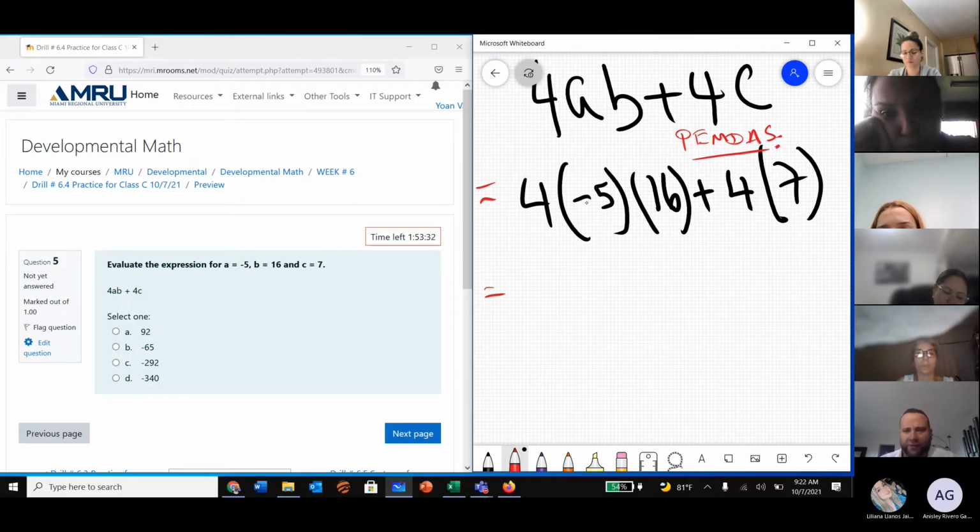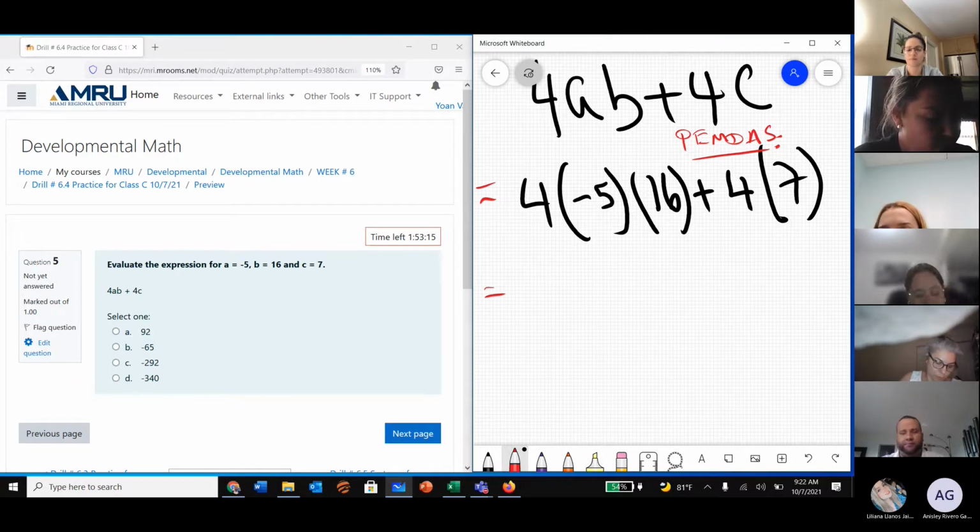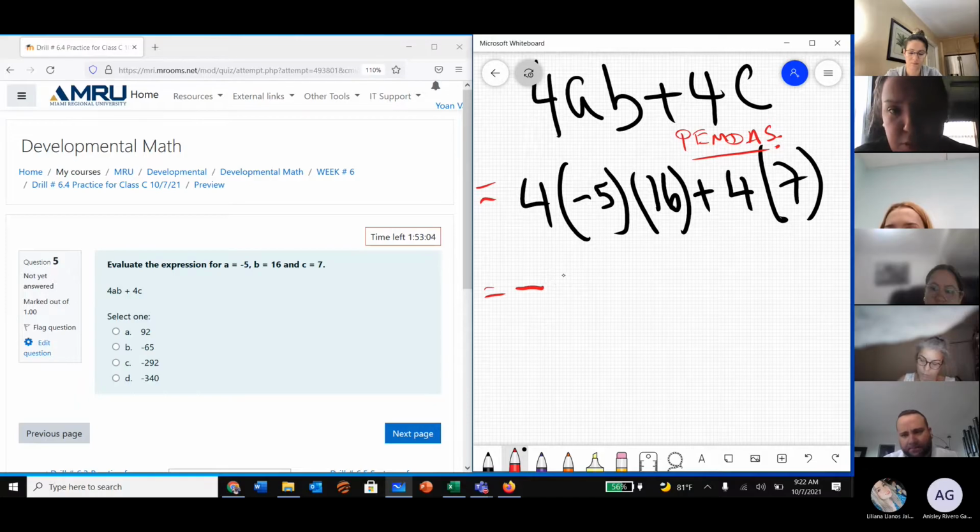We need to effectuate first of all the multiplication. 4 times negative 5, minus 20. Minus 20 times 16, negative 320.